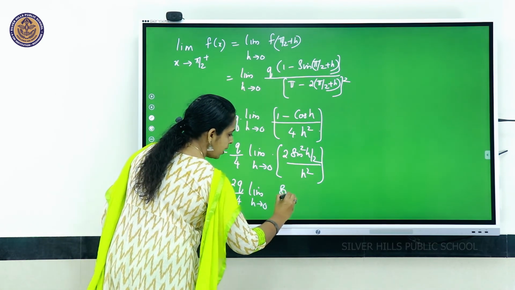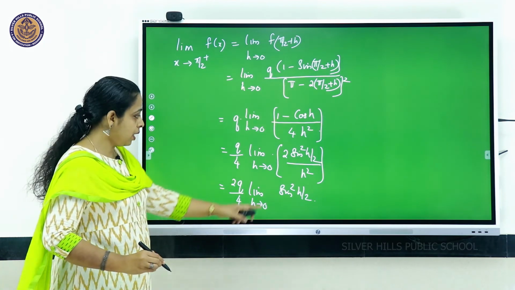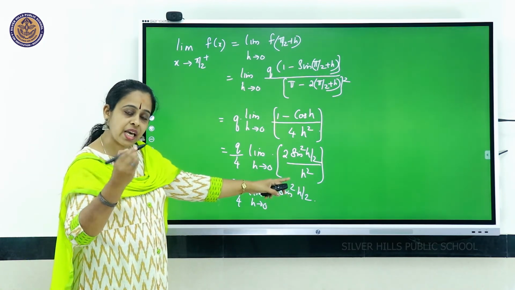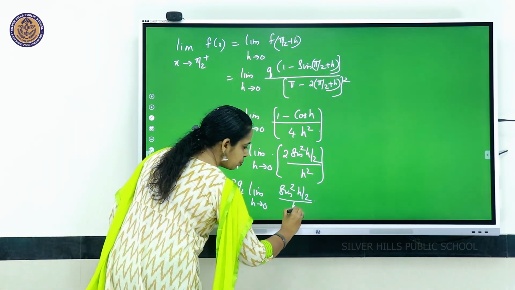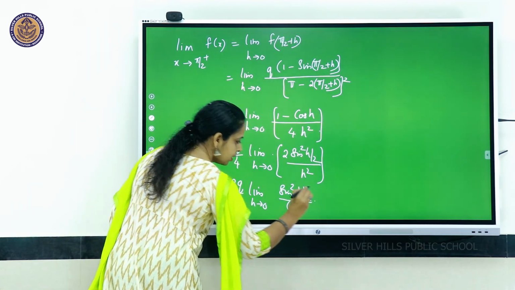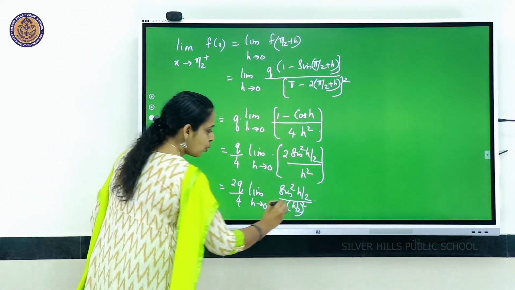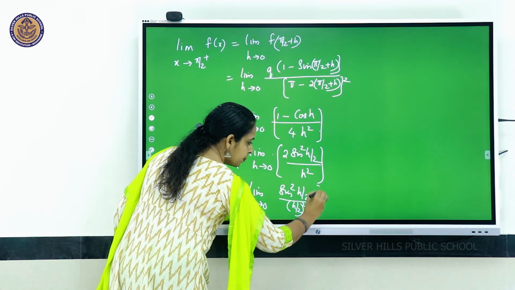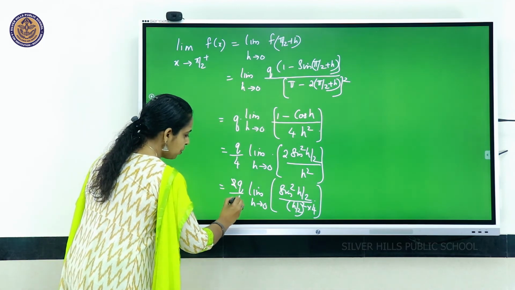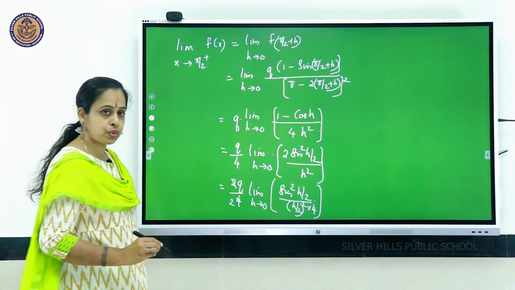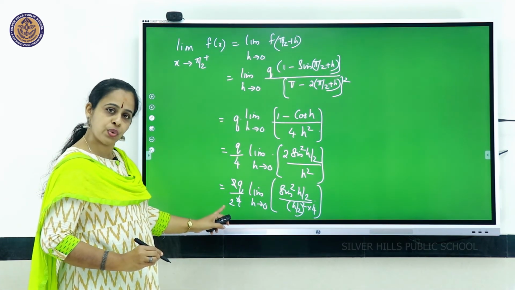Sin square (h by 2). Here, let me make it (h by 2) whole square. It was only h square here, I divided by 4, so multiplying by 4 here to balance. Here 2 and 4 got cancelled, here 2. This 2 and 4 which comes outside makes 4 into 2, 8.